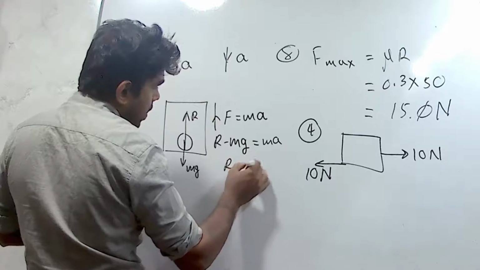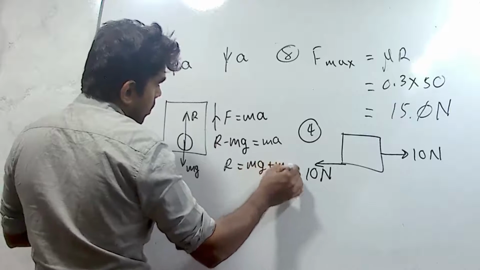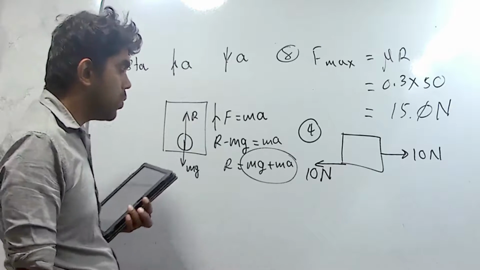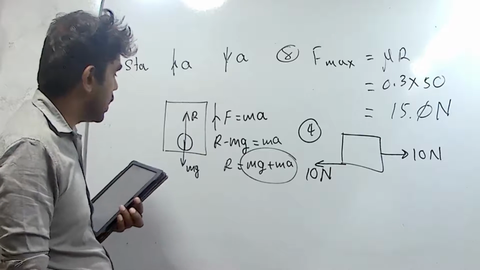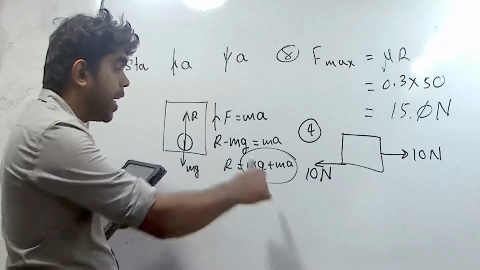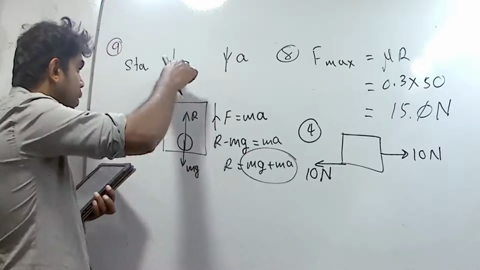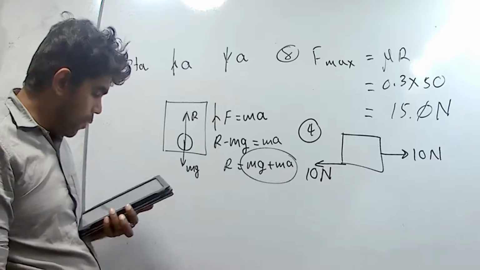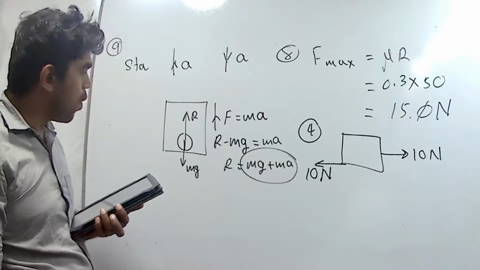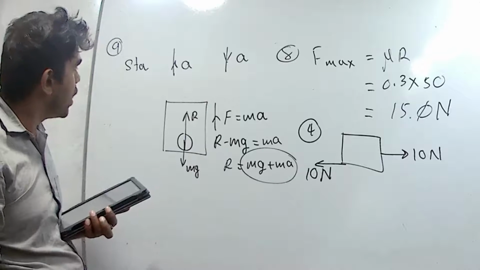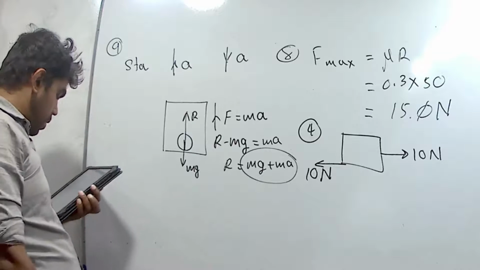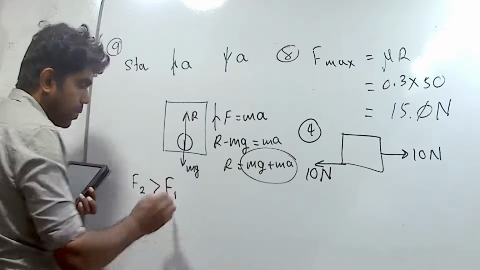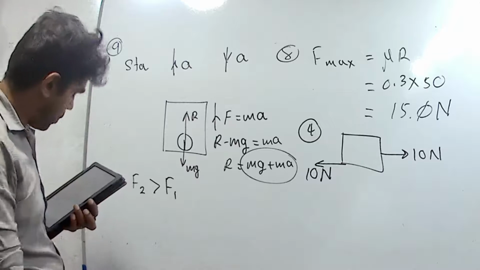Then R equals mg plus ma. Now the effective reaction is increasing. It is greater than mg. Therefore, frictional force is greater than in the stationary condition. F2 is greater than F1.